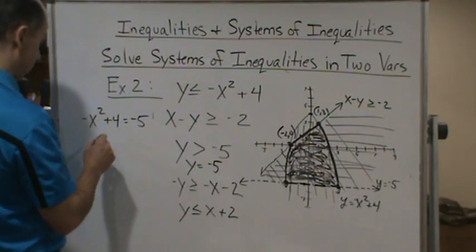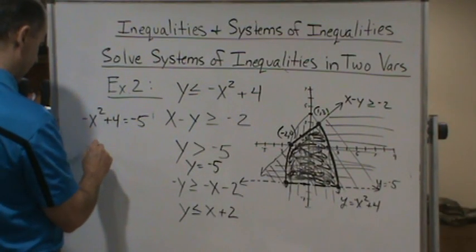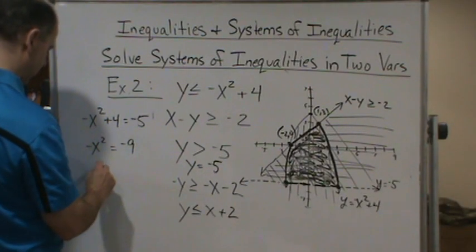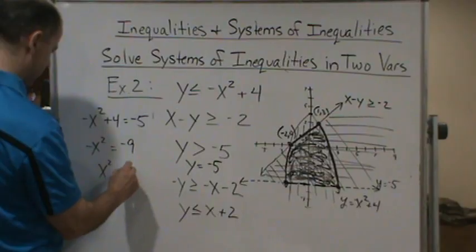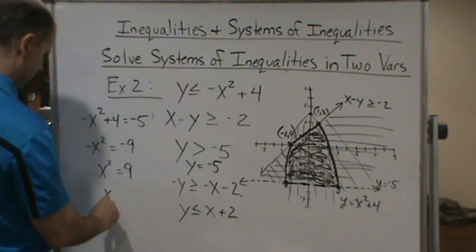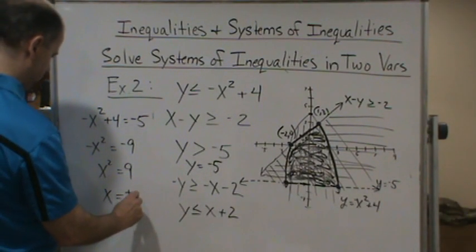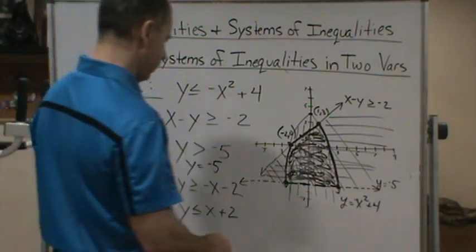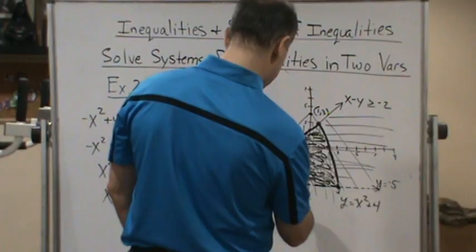And so now we're going to solve this, and we get -x² is equal to -9, which means x² is equal to 9, and which means x is equal to plus or minus 3.